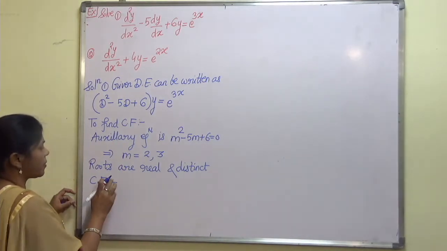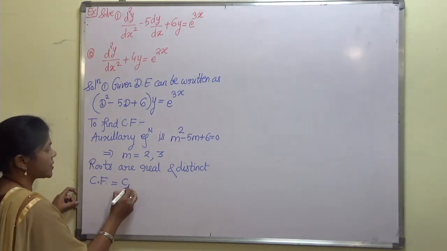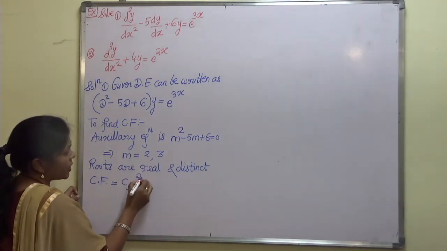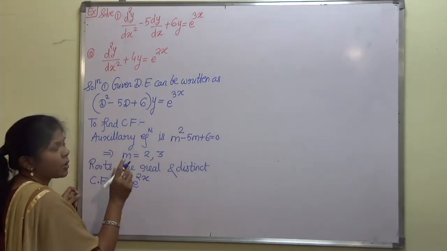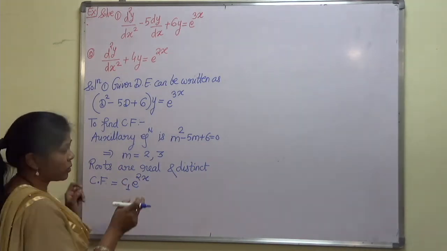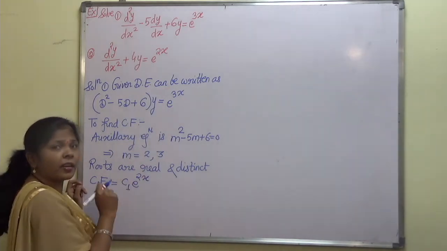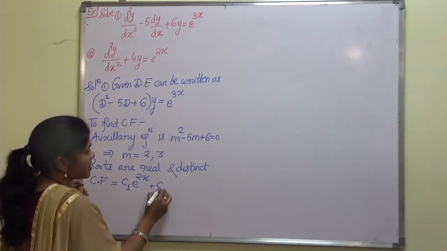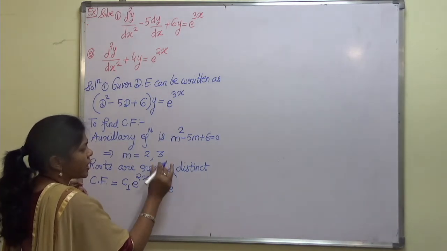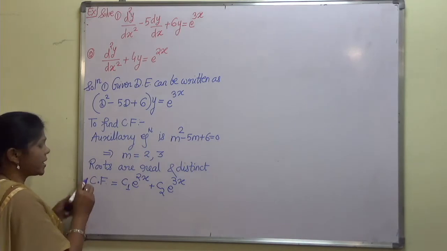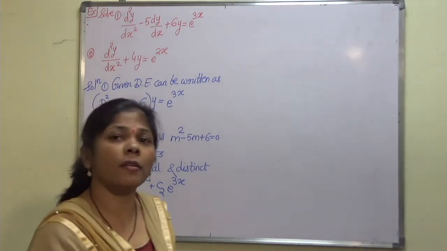So the complementary function is equal to c1 e raised to power, the first value of m, that is 2x. Why x? Because x is the independent variable. If t were the independent variable, then we would write t. Then plus c2 e raised to power the next value of m, that is 3x. So like this we have the complementary function.